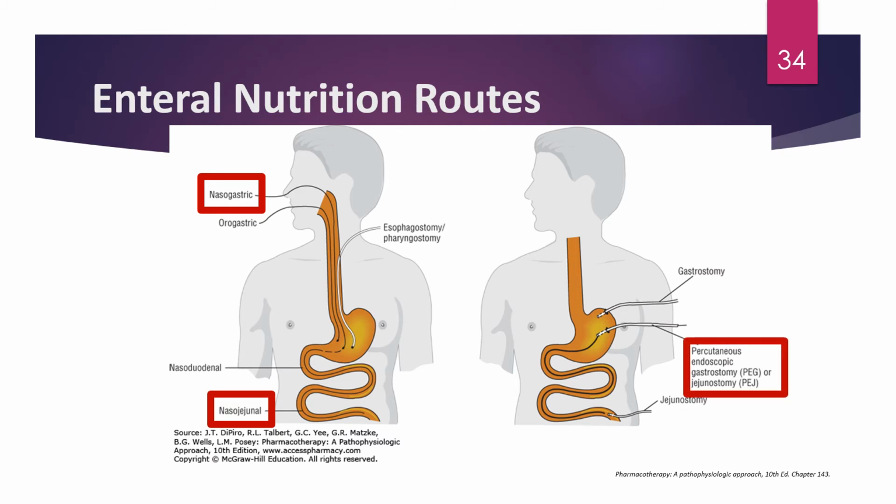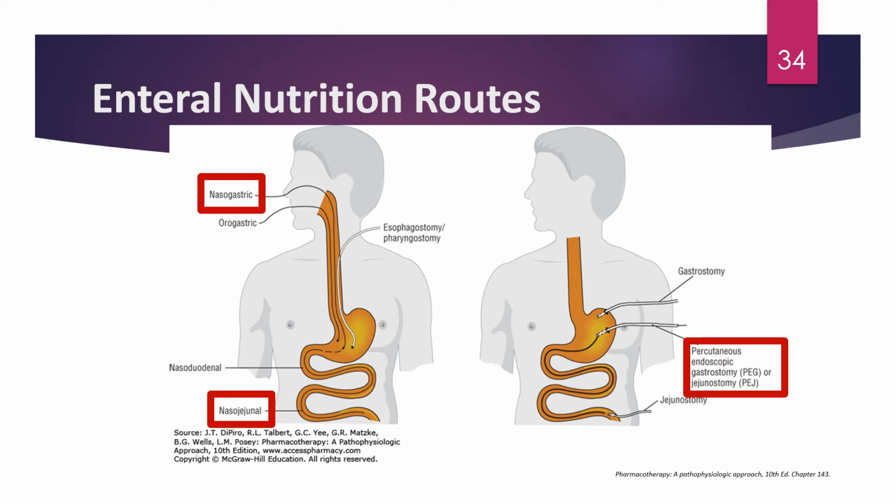Another way that we can feed patients is through ostomies. Most commonly, a percutaneous endoscopic gastrostomy or PEG tube, or a percutaneous endoscopic jejunostomy or PEJ. These are also known as G tubes or J tubes. Typically, these are used in patients who need chronic tube feeding support.